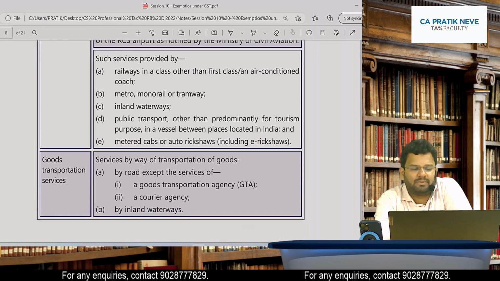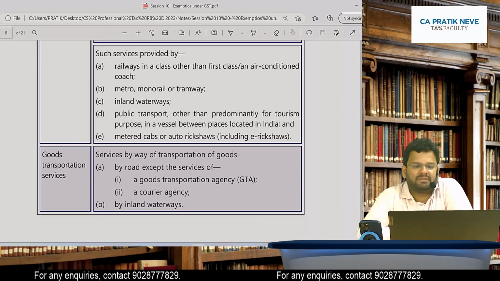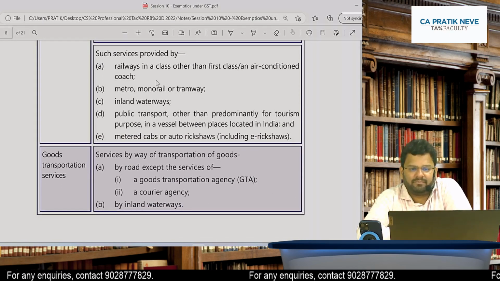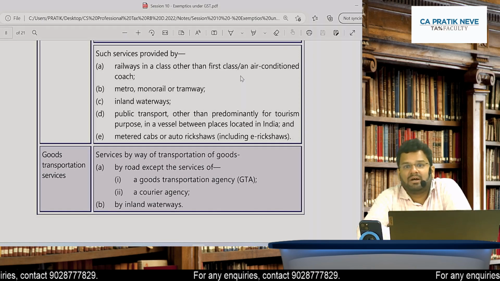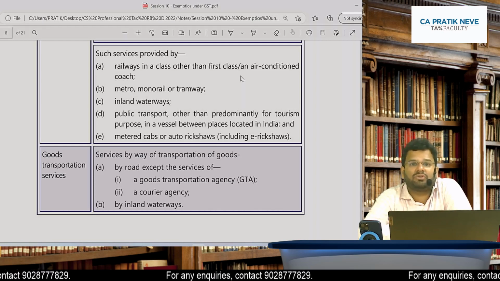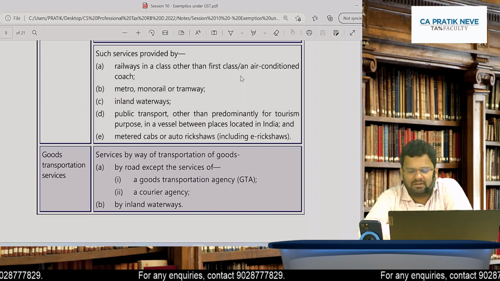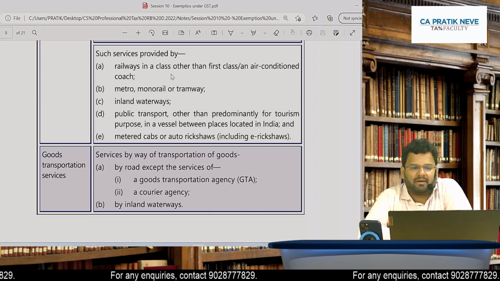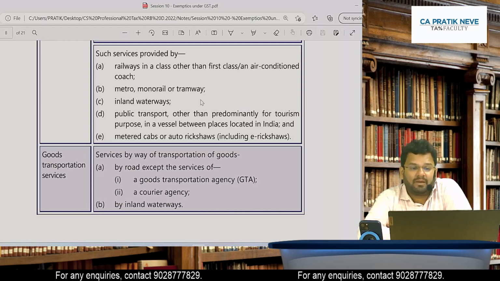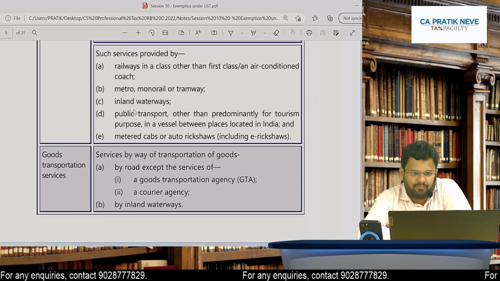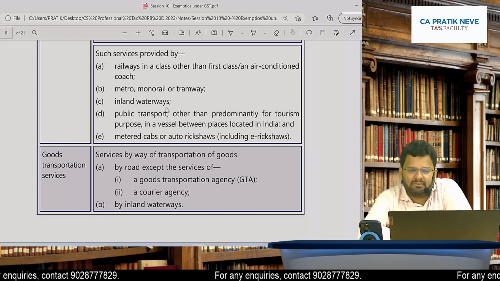And what else will be exempted? Services provided by railways in a class other than first class or AC coach. As soon as there is an AC coach in a railway, it will become taxable. Okay. Then services provided by metro, monorail, tramway. Metro, monorail, tramway, public transport, so exempt. Inland waterways, exempt.